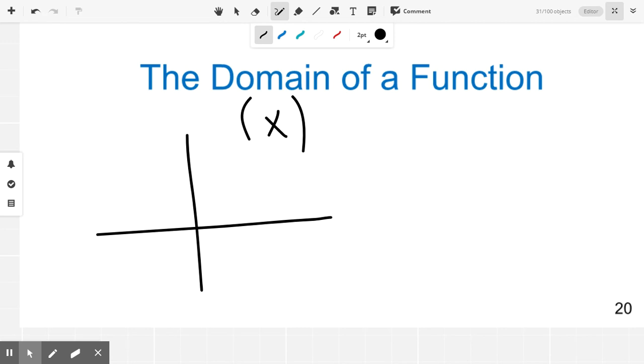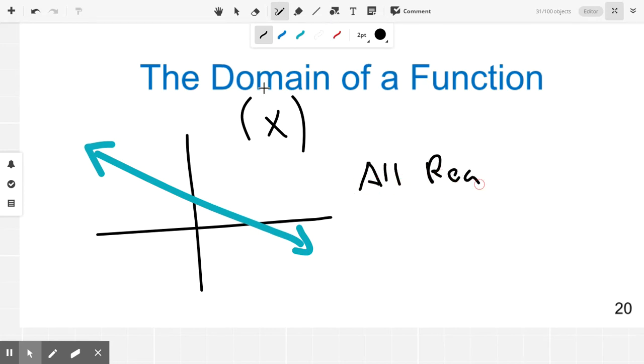So let's say it's a line. How far does this go to the left and how far does this go to the right? Well, it goes forever to the left, it goes forever to the right. So this would be a situation where the domain would be all real numbers.